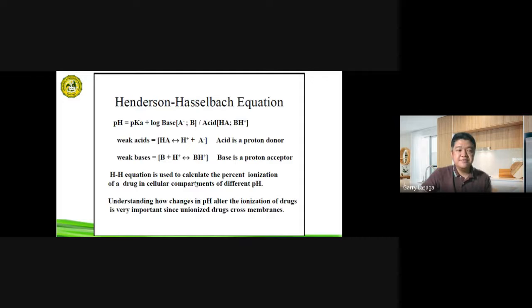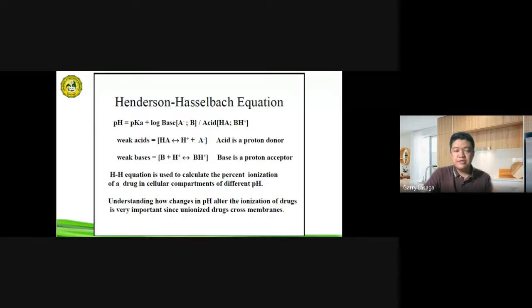The different compartments in the body. For example, the stomach contains the gastric juice. It has a different pH as compared to the intestinal fluid, the maternal fluid and the fetal fluid.